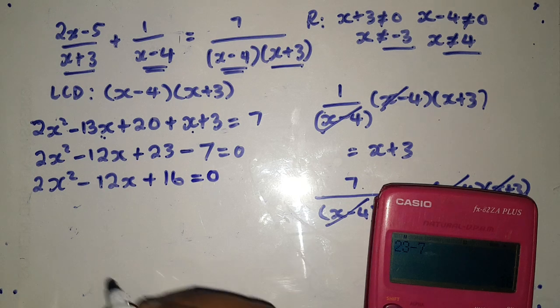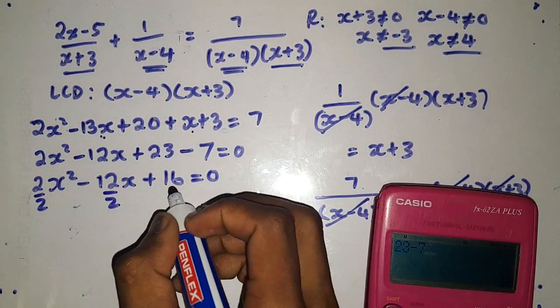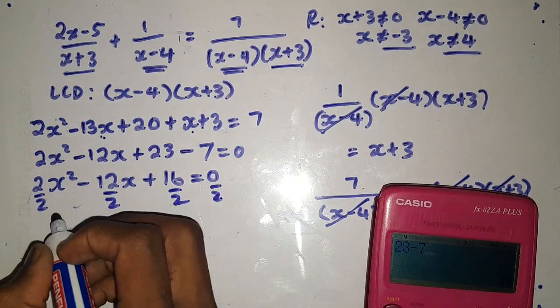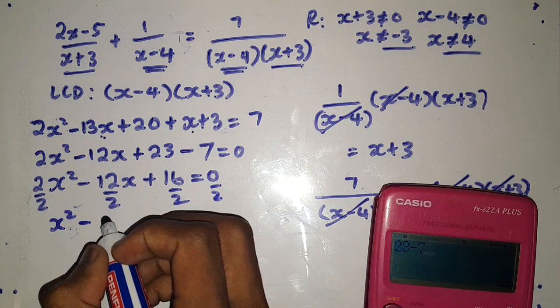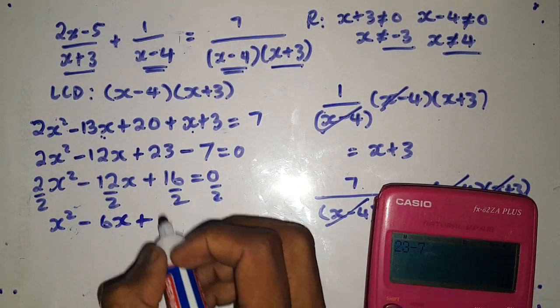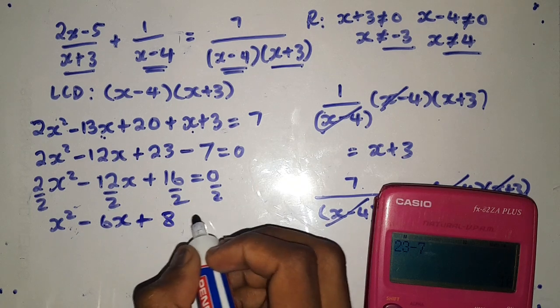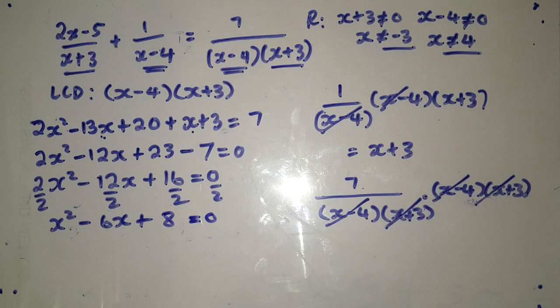To make it look simpler, let me divide throughout by 2. Going to get x squared minus 6x plus 8 equals to 0. You see?